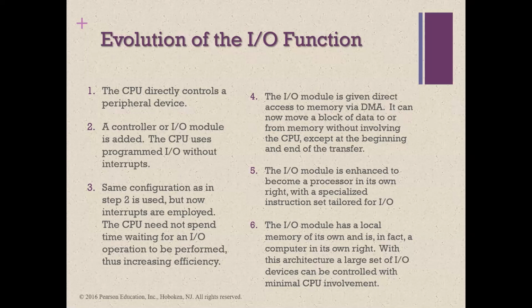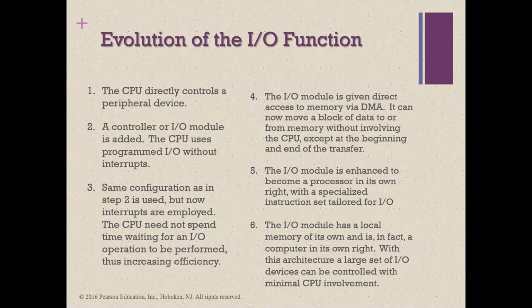4, the IO module is given direct access to the memory via DMA, direct memory access. It can now move a block of data to and from memory without involving the CPU, except at the beginning and at the end of the transfer. 5, the IO module is enhanced to become a processor in its own right, with a specialized instruction set tailored for IO.